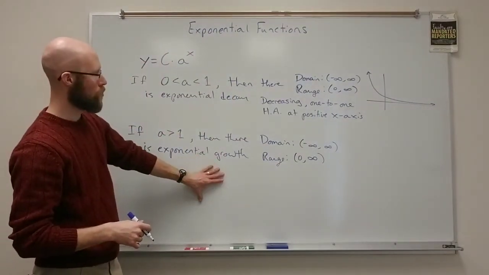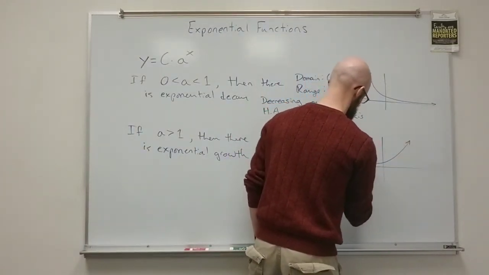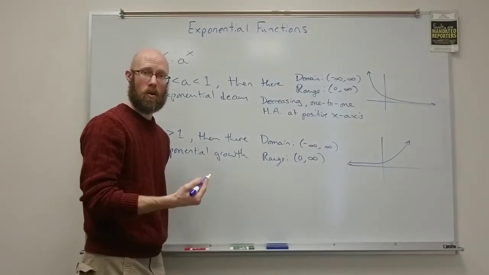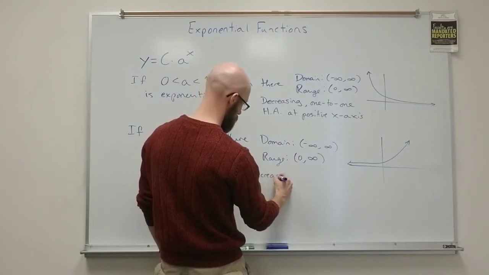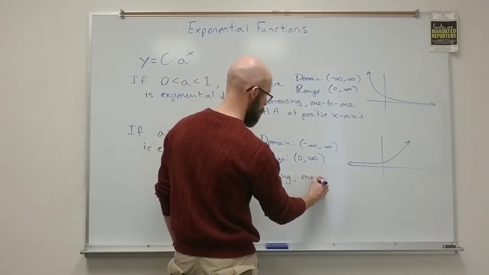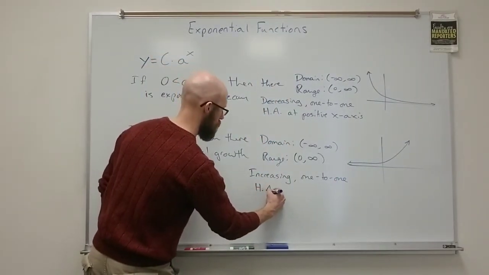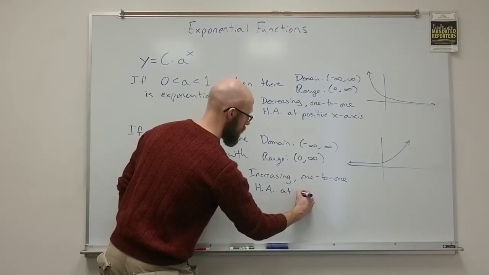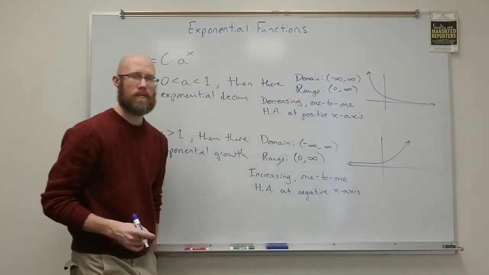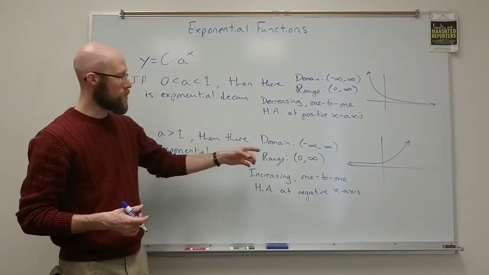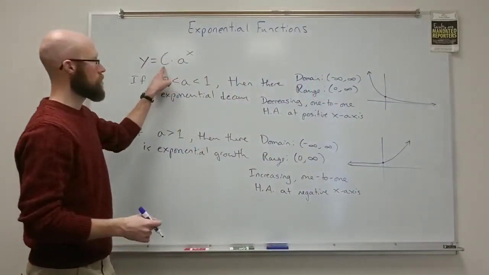Whereas with an exponential growth, it's going to be an increasing function. It is also 1 to 1, passes the horizontal line test. So it's increasing. It's 1 to 1. And its horizontal asymptote is at the negative x-axis.